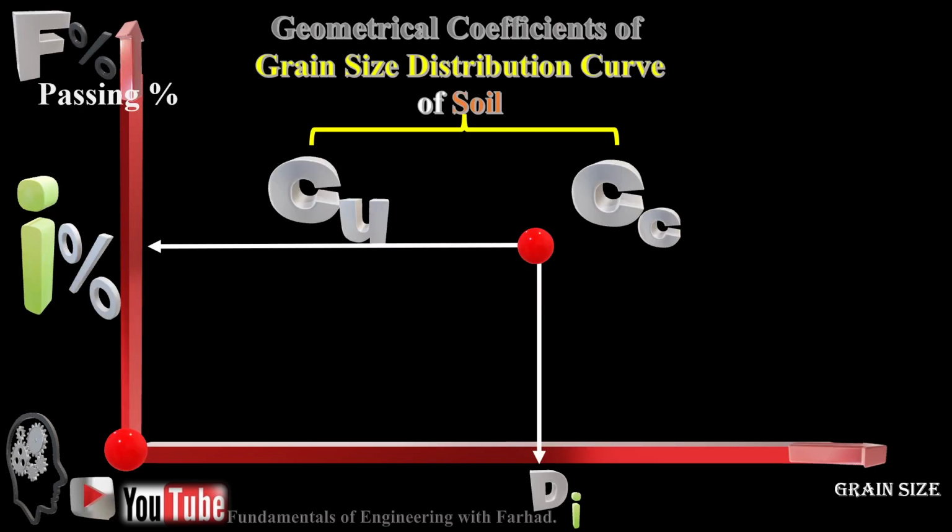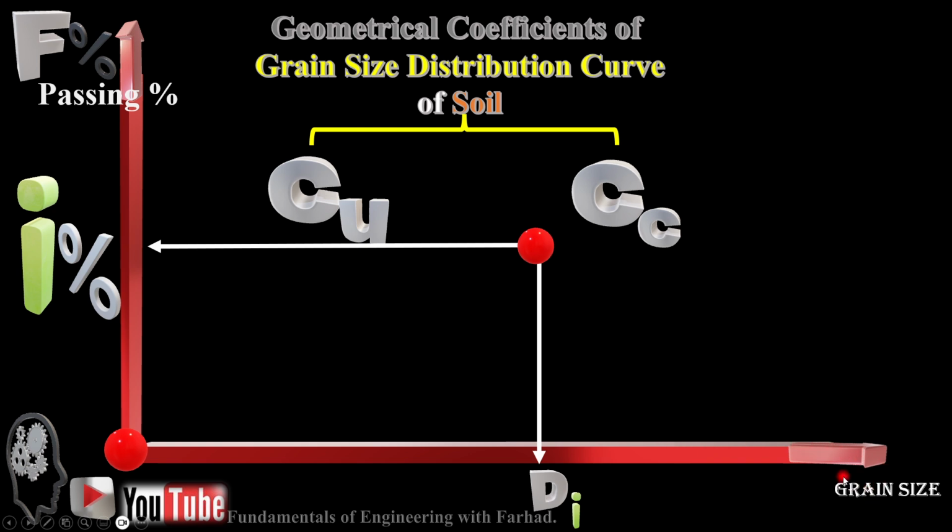In this video, we want to talk about two important geometrical coefficients in the grain size distribution curve of a soil sample, and they are C sub U and C sub C, the uniformity coefficient and the coefficient of curvature, which we will talk about in a few minutes.